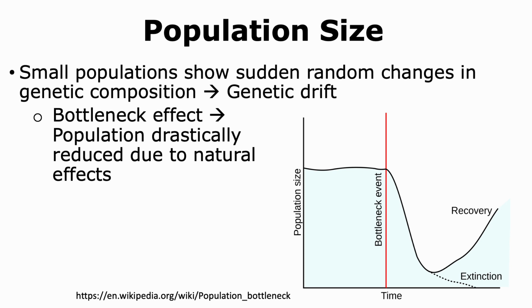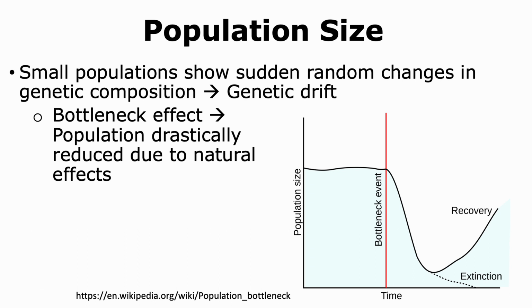Another type of genetic drift is called the bottleneck effect. In this case, there is a drastic decrease in the population, which could occur due to natural effects like a sudden drought, where there are too few resources, because of which many of the organisms die.